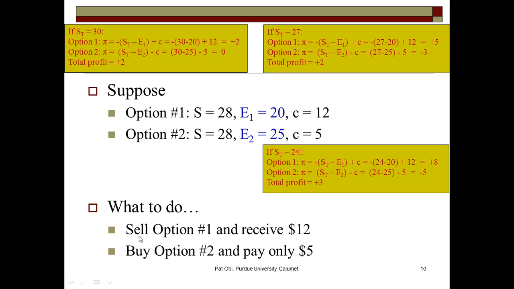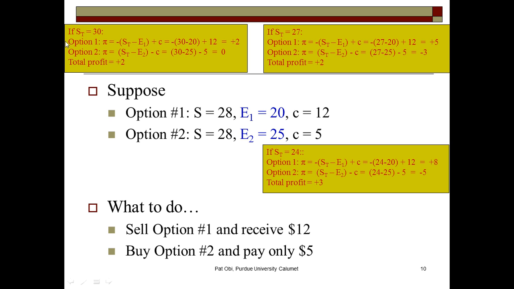Now what makes you know which options to sell and to buy? Again, the old dictum, buy low, sell high. So you want to sell the option costing $12 because it is selling at a price higher than it should, and then buy the one that's selling for $5 because, all things considered, it is selling lower than it should.